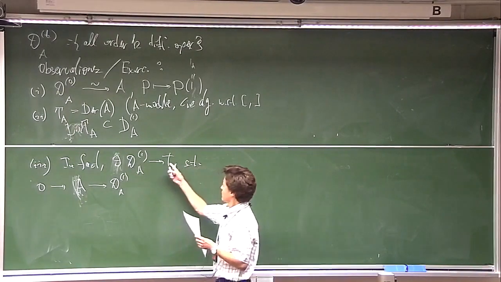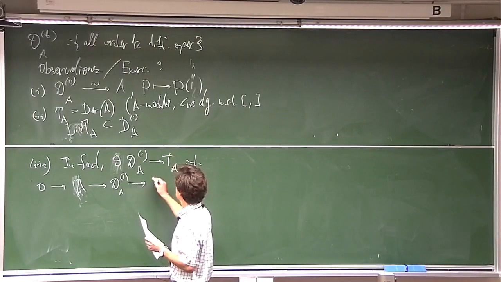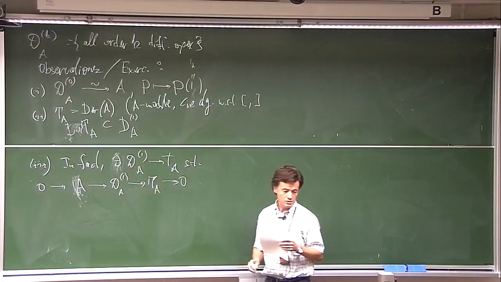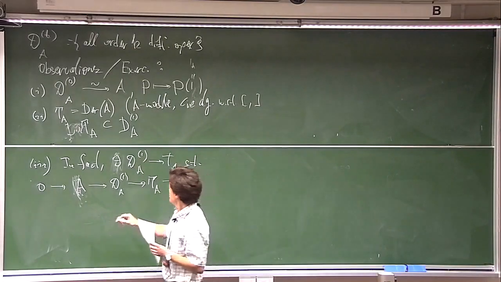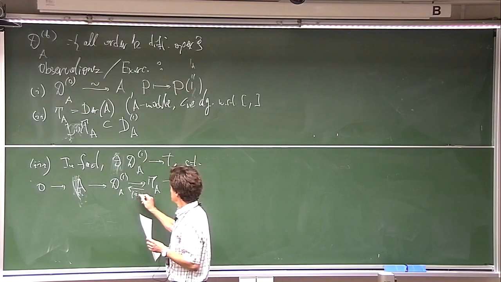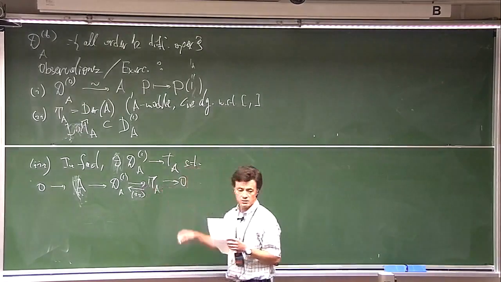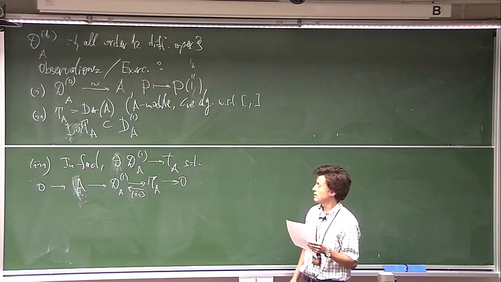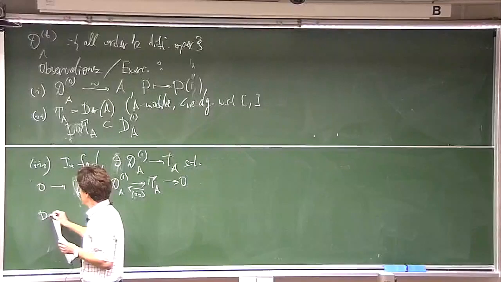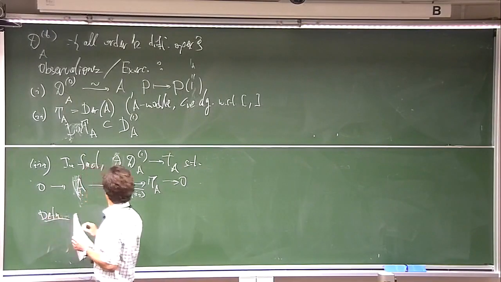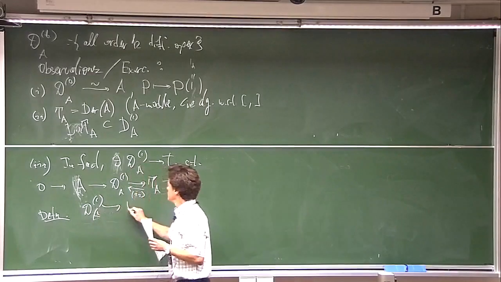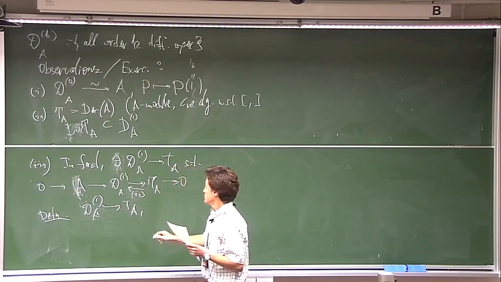And now I claim that there is a map such that this sequence is exact. In item 2, we constructed the map in the opposite direction, which splits this sequence. So this is a second observation. The definition of this map is as follows.